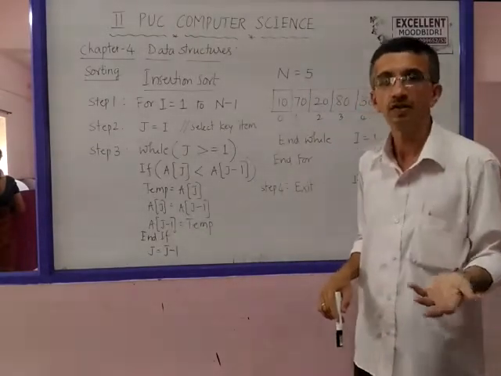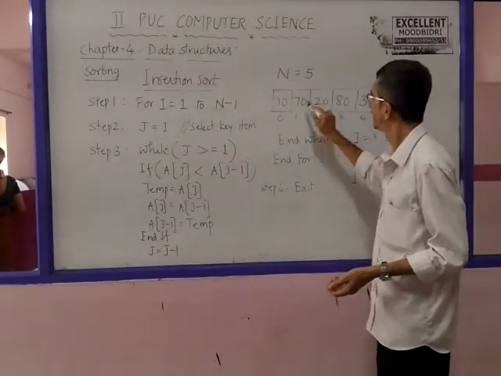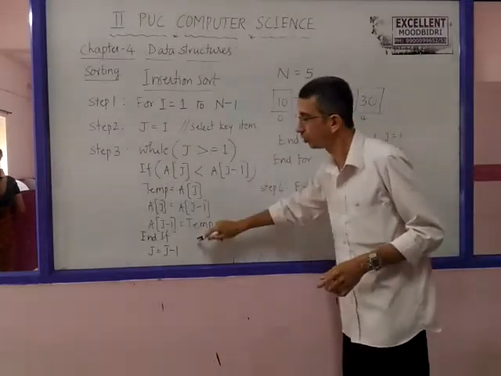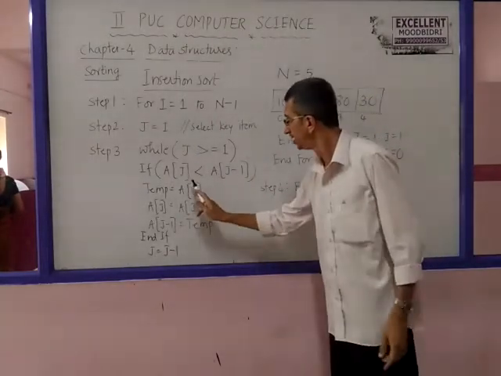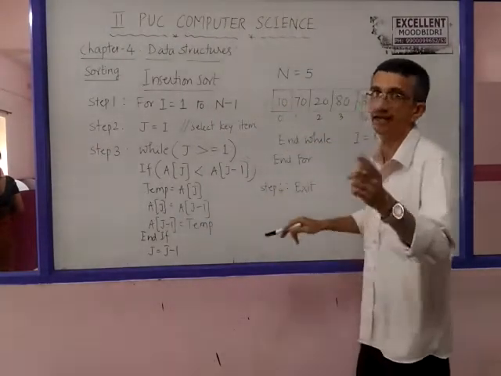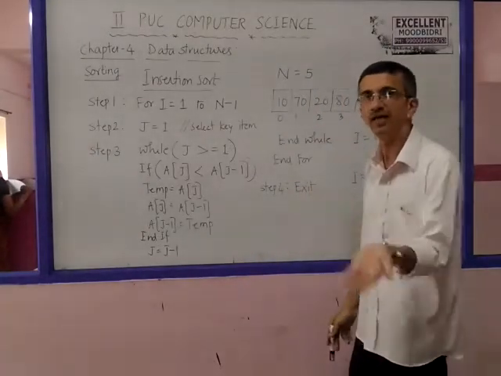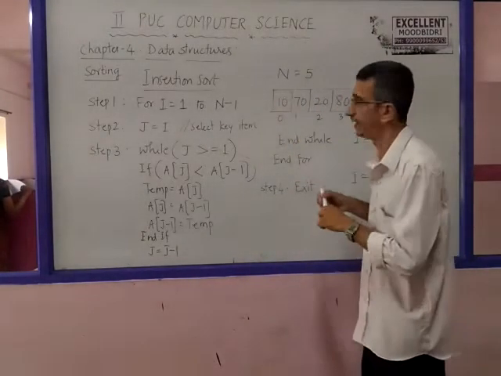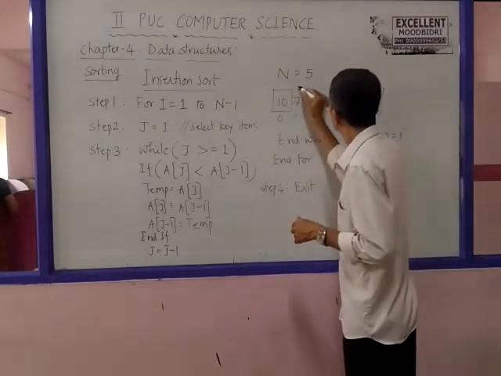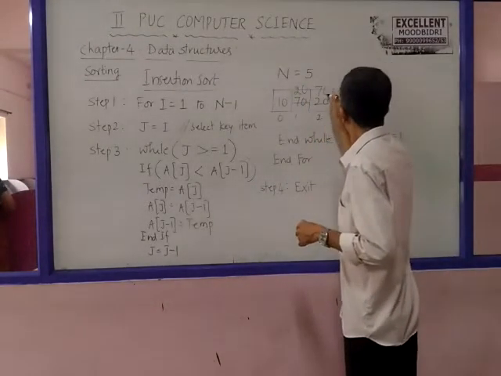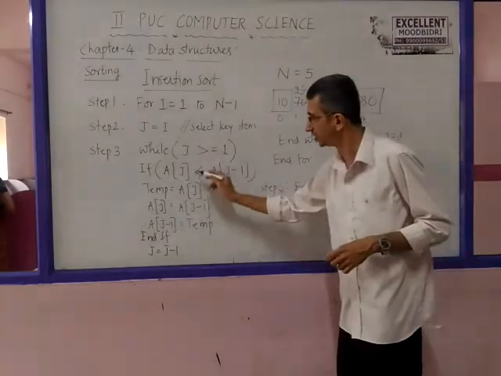True or false? True. So you have to interchange. 20 and 70 are interchanged using the three statements; I need not go into the details. 20 comes here, 70 goes here, correct?